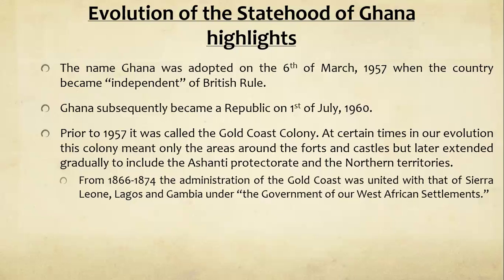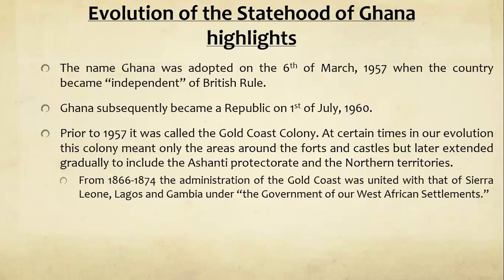meant strictly only the areas around the forts and castles. The forts and castles were strong buildings, settlements which had been erected by the colonizers. Initially, as you go through the history, they were meant for trading purposes.